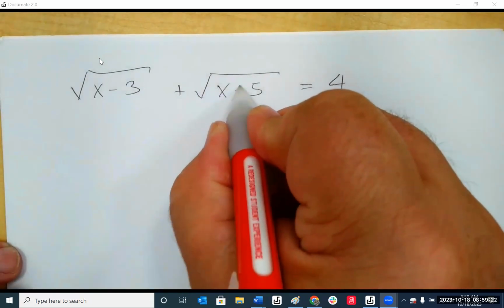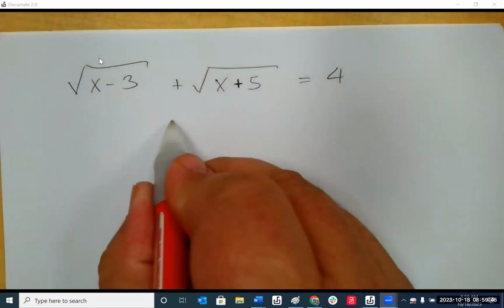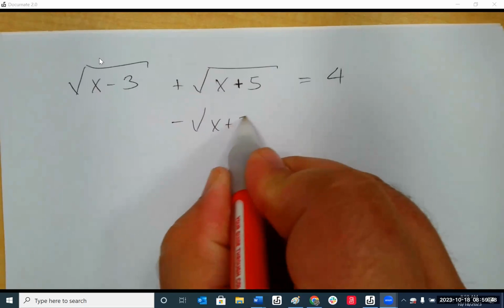Let's make it x plus 5. First step, isolate a radical. So let's subtract x plus 5 from both sides.